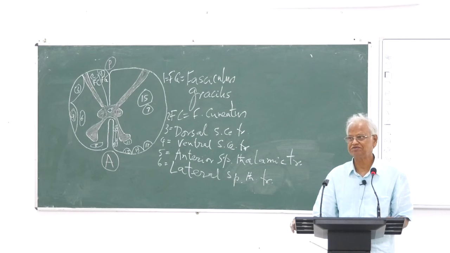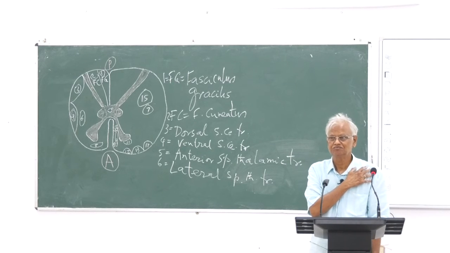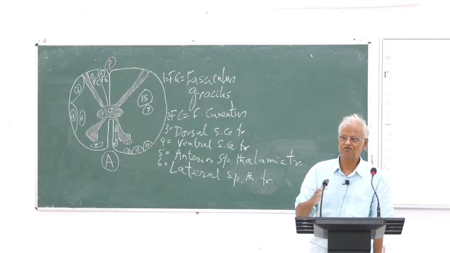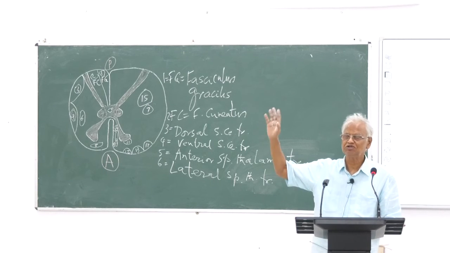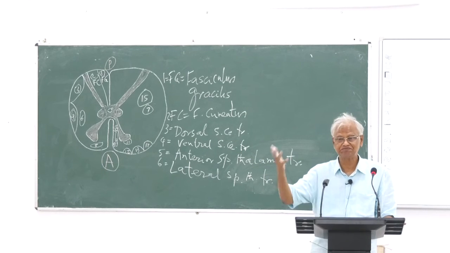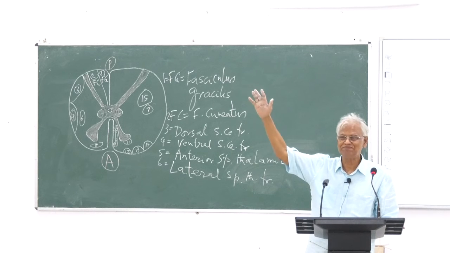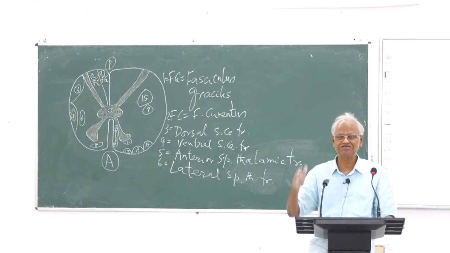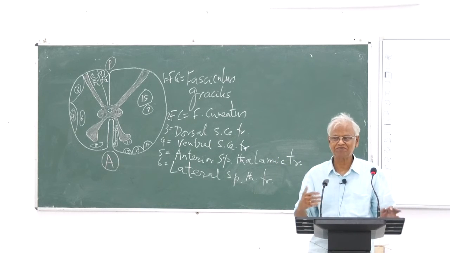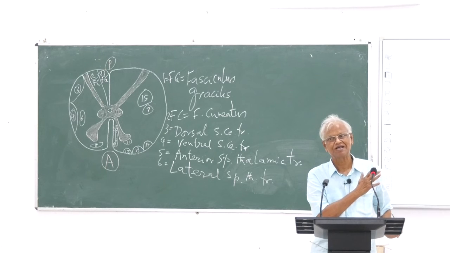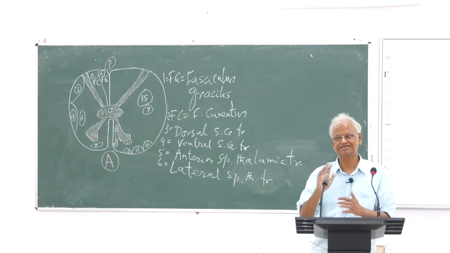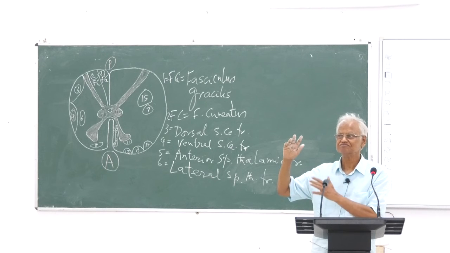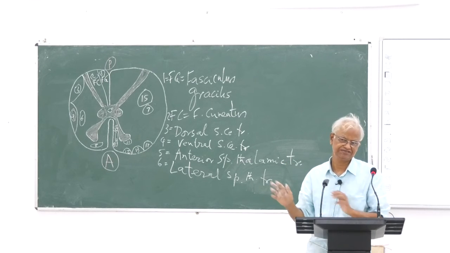And hemiplegia means on one side, one upper limb and one lower limb of the same side paralyzed. Monoplegia means only one limb paralyzed, which happens in polio. Hemiplegia, after a stroke, we get hemiplegia. Left-sided hemiplegia means left upper limb, left lower limb paralyzed. Right-sided hemiplegia, right upper limb, right lower limb paralyzed.